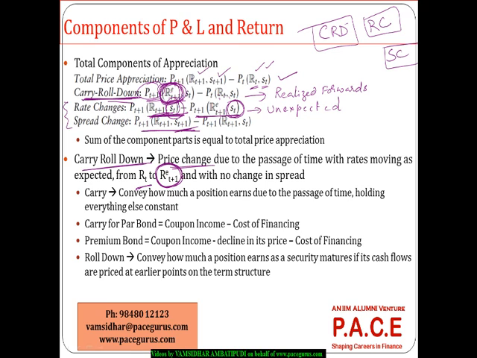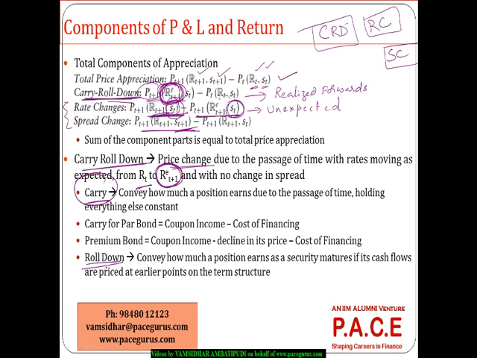So here we are breaking it down into two components, one called carry, the other called roll down. Everything else is constant, just with the passage of time. If there is a change in the price just with the passage of time, even if the interest rates are not changing, that is what we are calling the carry component.